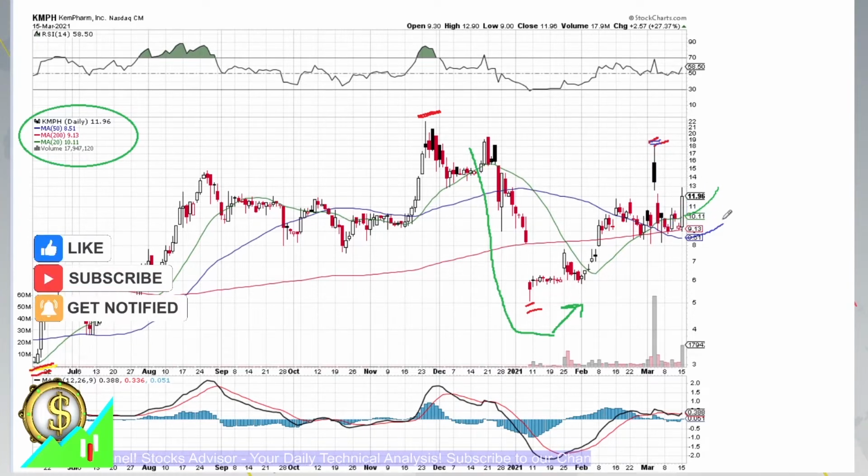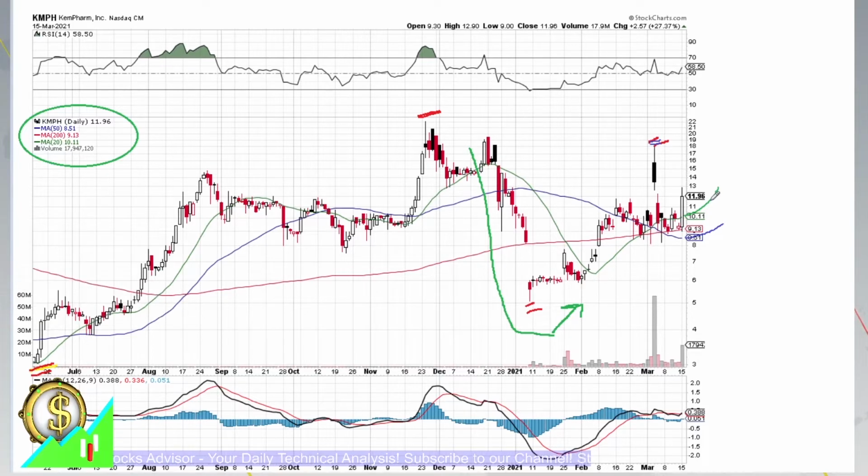What we need to understand is also that still some intermediate correction might take place, because today's candle, if you look at it here, yes, it's a white candle, but there are some upwards and downwards shadows. Especially the upward shadow is reasonably big, so it means that tomorrow we might have some volatility.